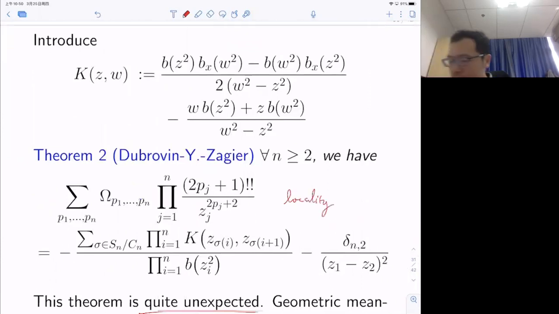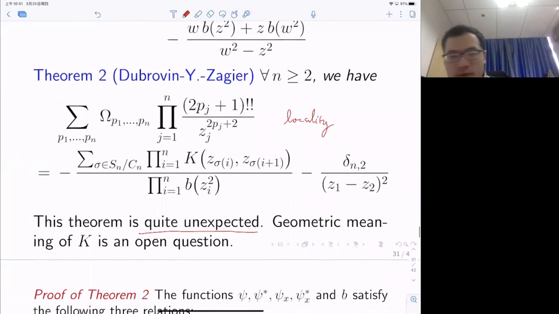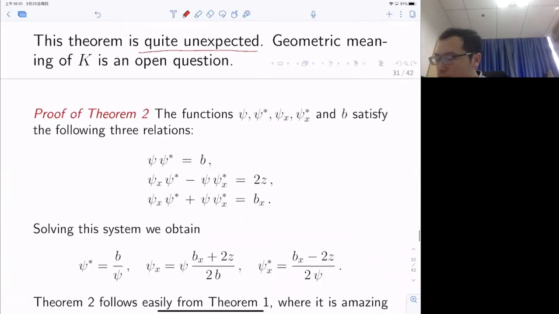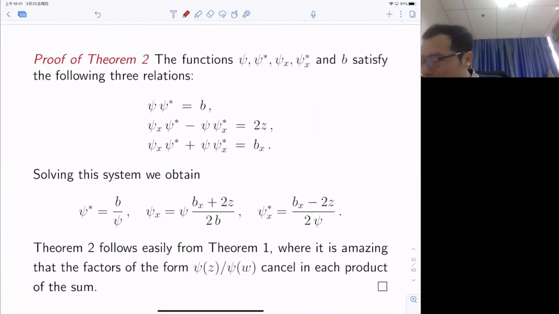Of course, the left-hand side is local, so the right-hand side should also be local. But from some points of view, from random matrices, people usually suspect that the kernel should be non-local. But here we get a local kernel. This seems never to have appeared in the literature, and we also don't know anything about K. Its geometric meaning is open. The proof is also very simple.